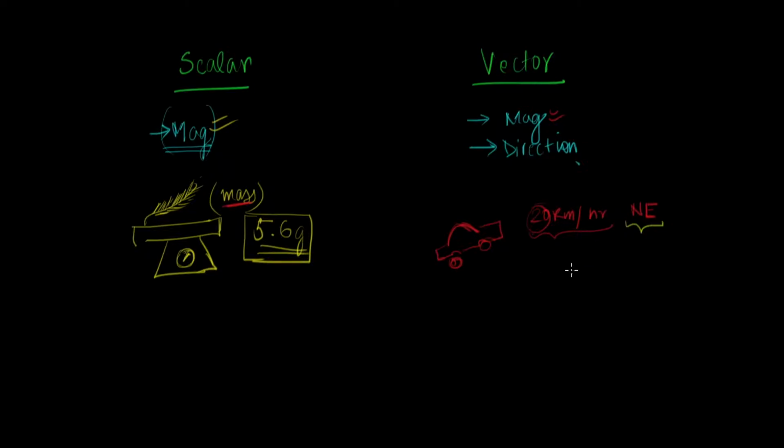And the direction of northeast tells us, if this is north and this is east, like so, south here and west here, then the car is moving in this direction. It's not moving in this direction or in this direction, it's moving exactly in the northeastern direction. So that helps to define which direction the car is moving.